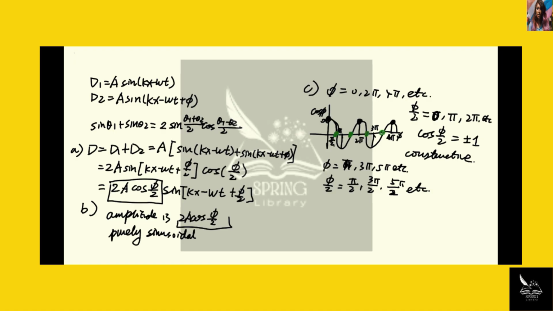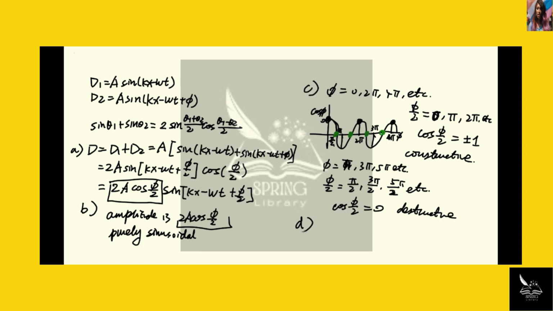So the half integer numbers of pi are at places where cosine phi over 2 equals 0. So the amplitude of the wave is always 0. That's why it will cause destructive interference.